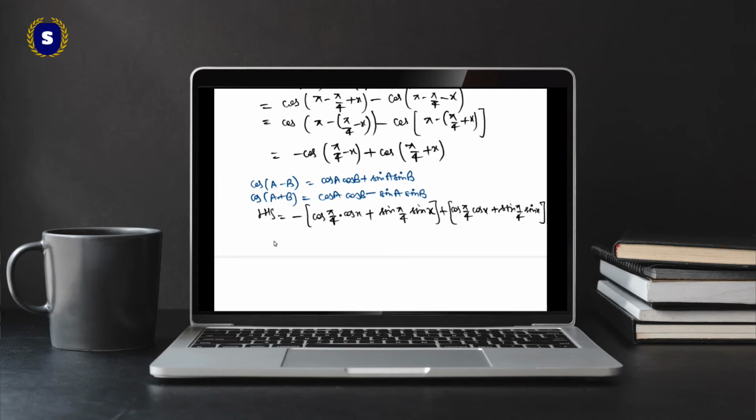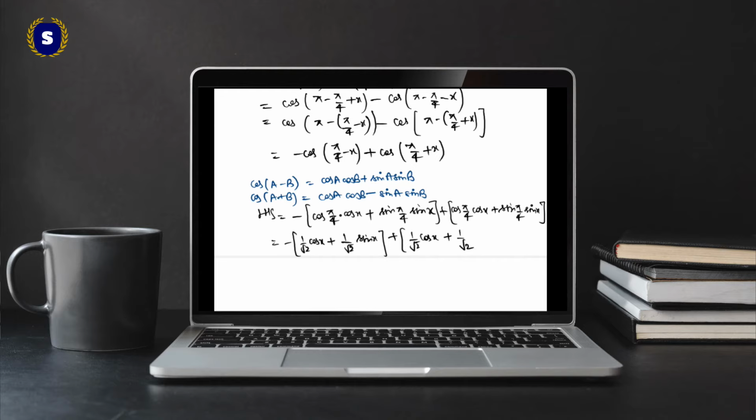So now I'll get minus common. Cos pi by 4 is 1 by root 2, so 1 by root 2 cos x plus 1 by root 2 sin x, plus 1 by root 2 cos x plus 1 by root 2.